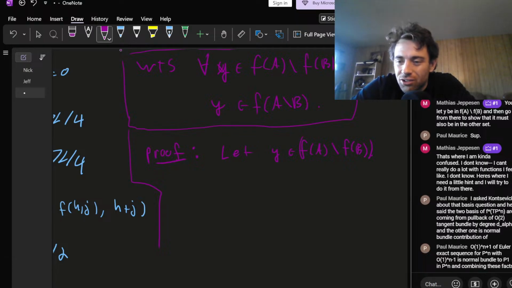But, he said that the two bases of that are coming from pullback of O2 tangent bundle. And the other one is the normal bundle contribution.